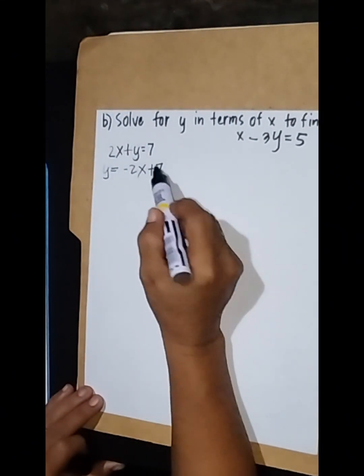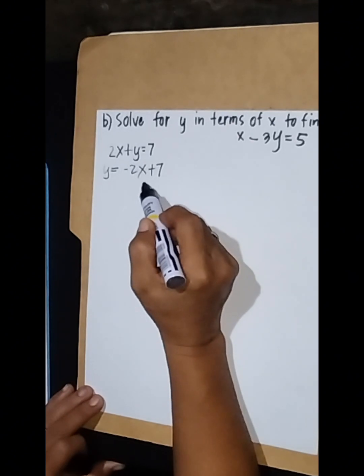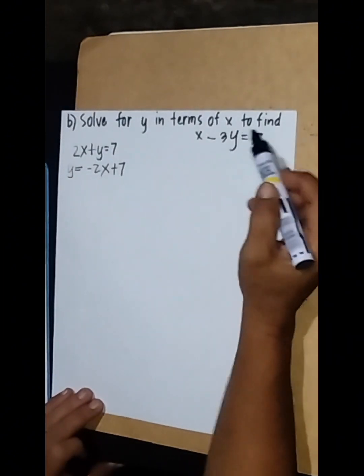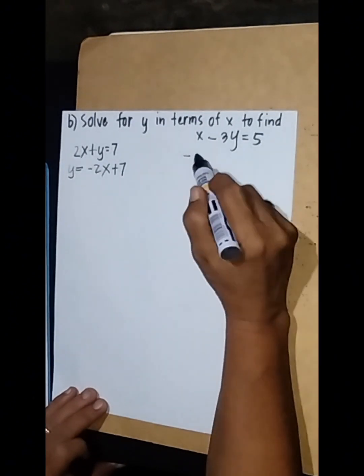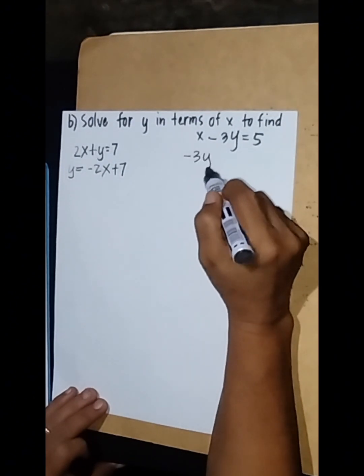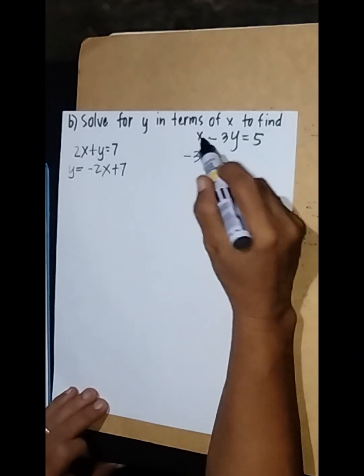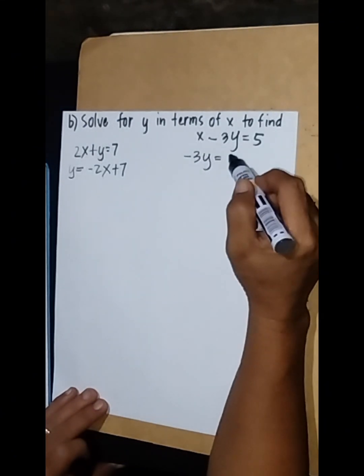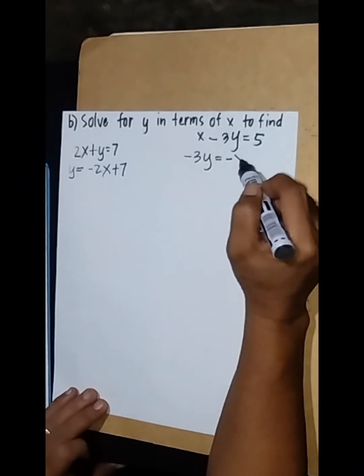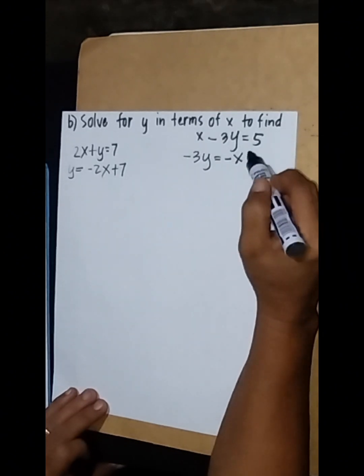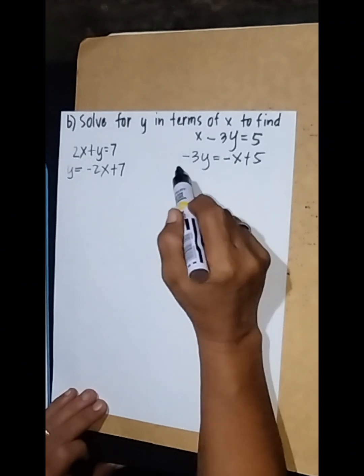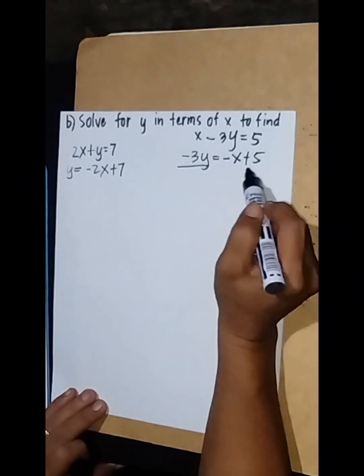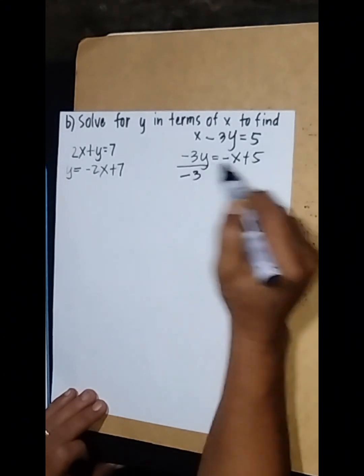So ito po ay y is equal to negative 2x plus 7. The second equation, we have to solve for y. So negative 3y equals, ito pong x ay positive, so ilipat natin sa right side, so magiging negative na po siya, plus 5. So para magiging y po ito, so we divide both equations by negative 3.